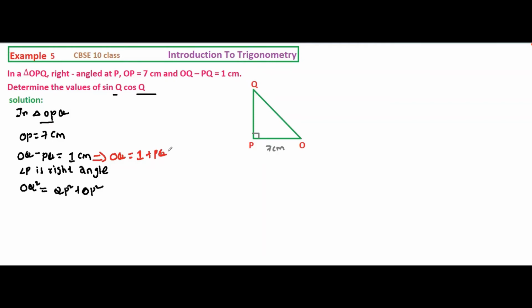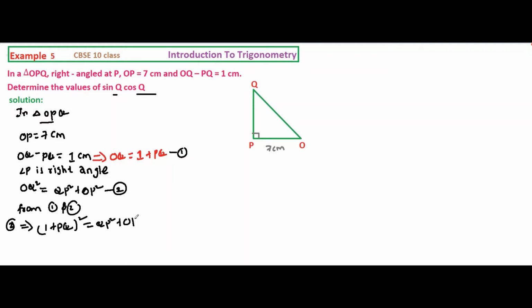Let this be equation 1, and the Pythagoras relation be equation 2. From 1 and 2 we can write: OQ means (1 plus PQ) whole square equals QP square plus OP square.